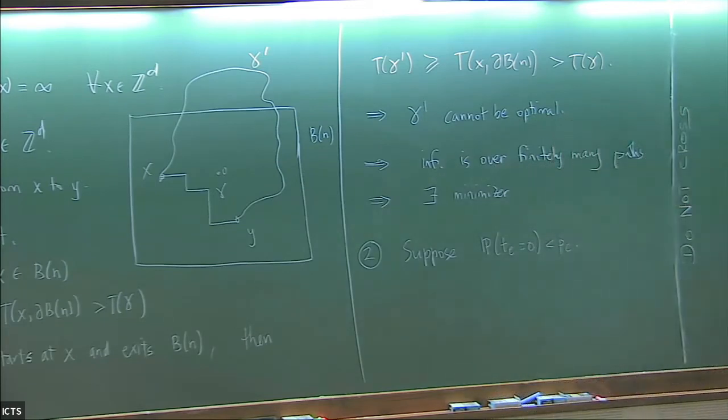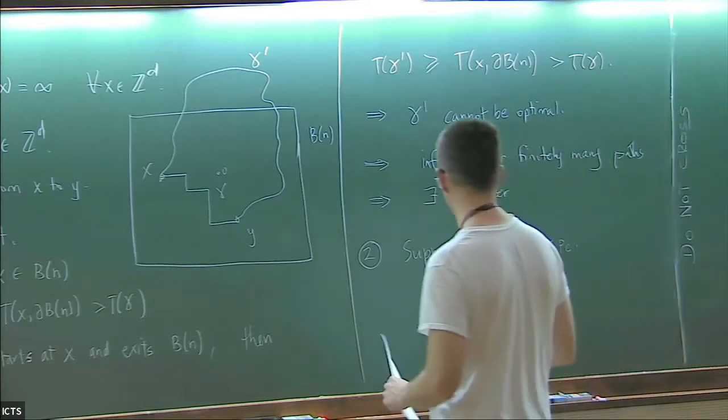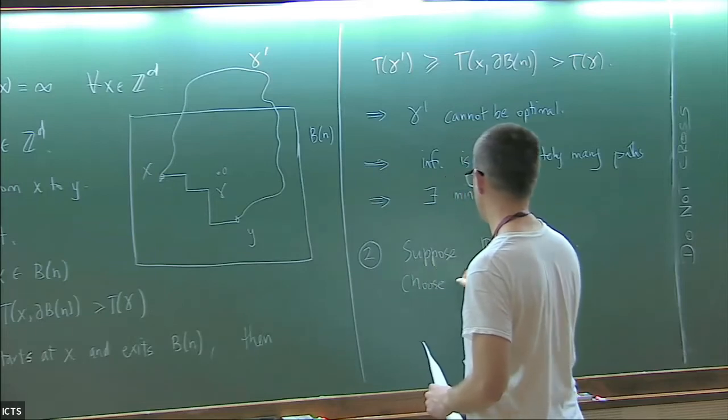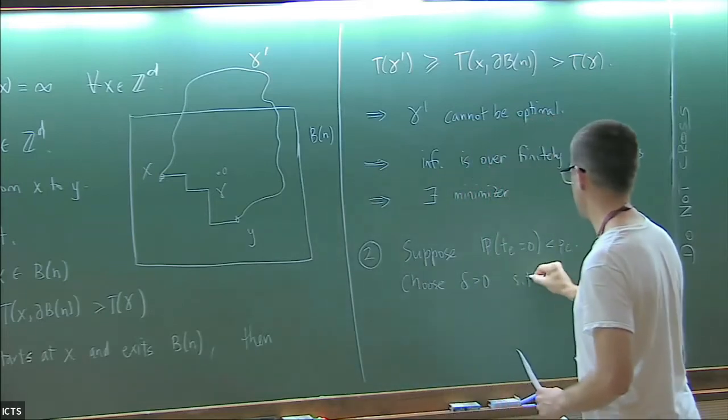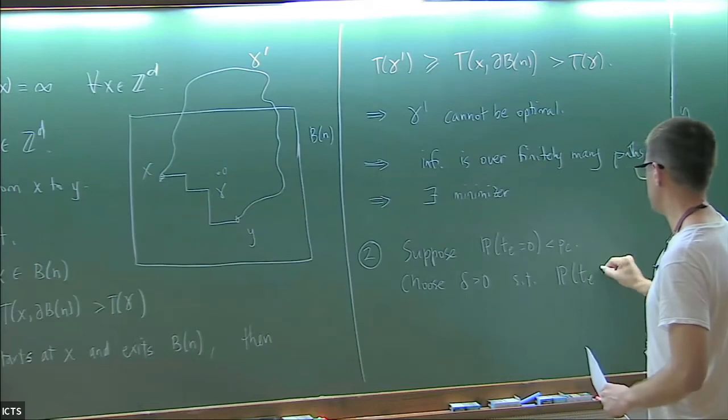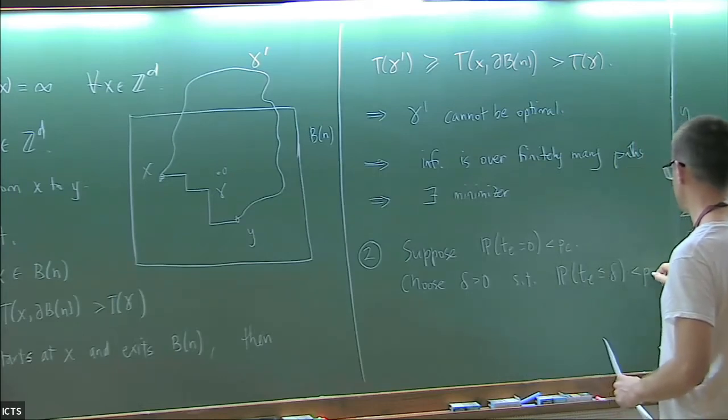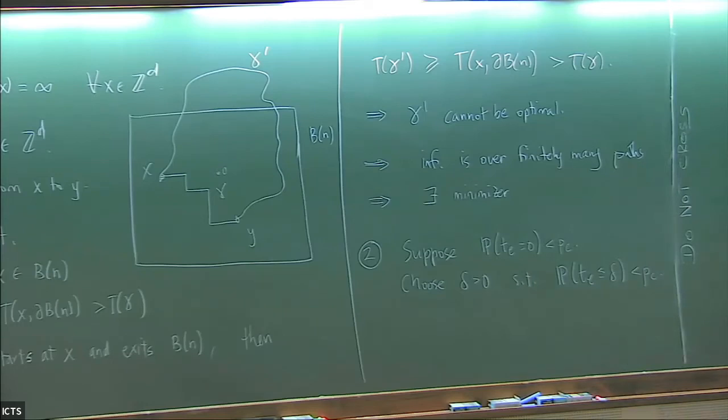We know the distribution function of t_e is right continuous, so we can choose a delta positive such that the probability that t_e is less than or equal to delta is also less than p_c. But this means that if you look at all of the edges which have weight less than delta, they cannot form infinite paths, right? Because their probability is less than p_c, the threshold for existence of infinite components.